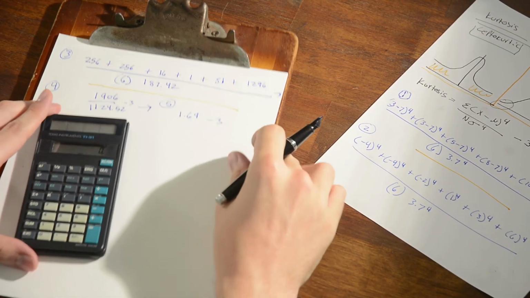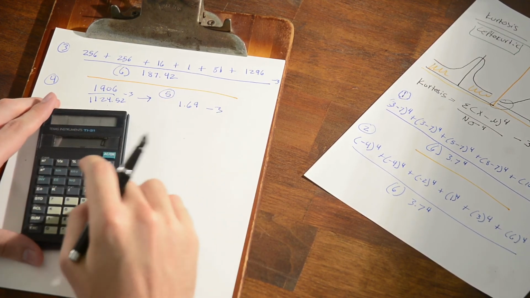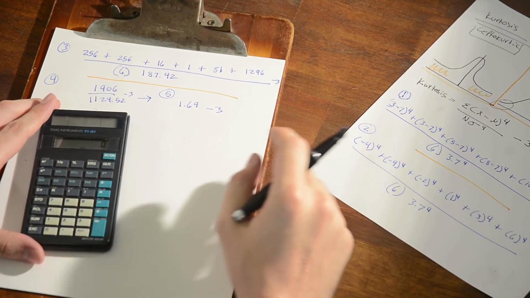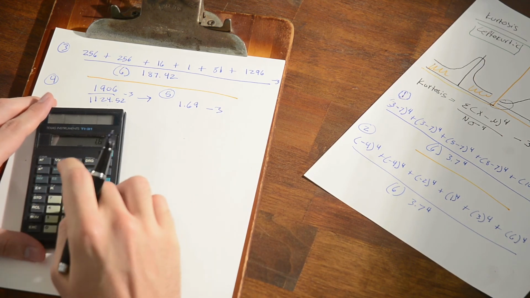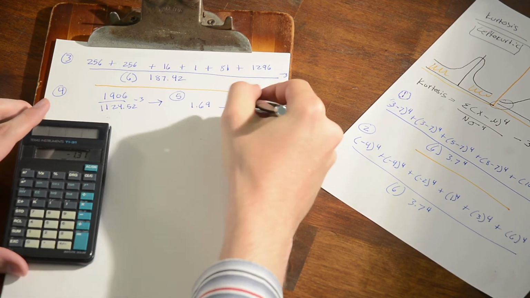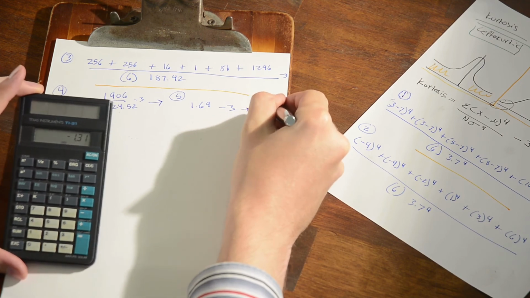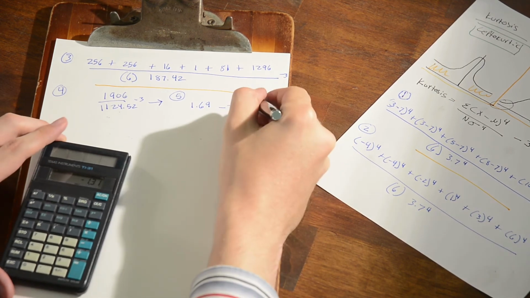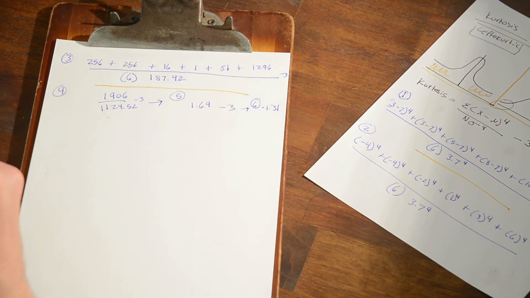We'll zero the calculator so this matches up on paper with what I'm doing in the calculator. So if I ever need to replicate this, it's very important. 1.69 minus 3 gives us minus 1.31. So 6 steps in calculating kurtosis, only 5 in calculating skewness.